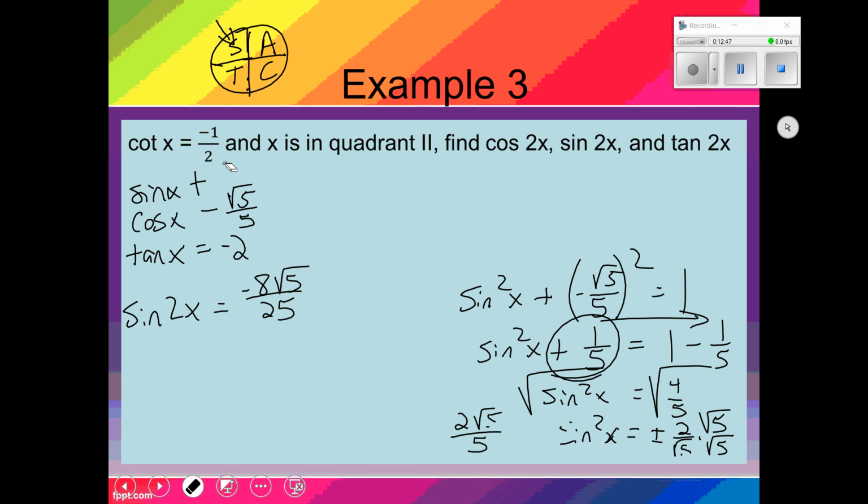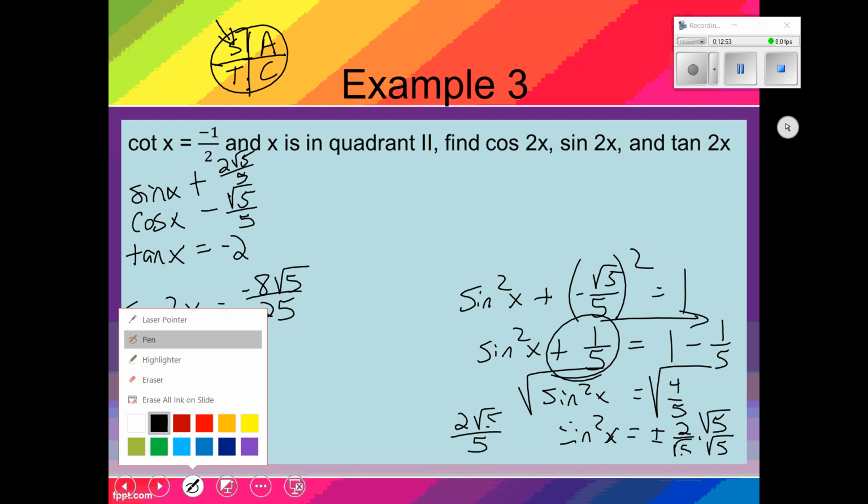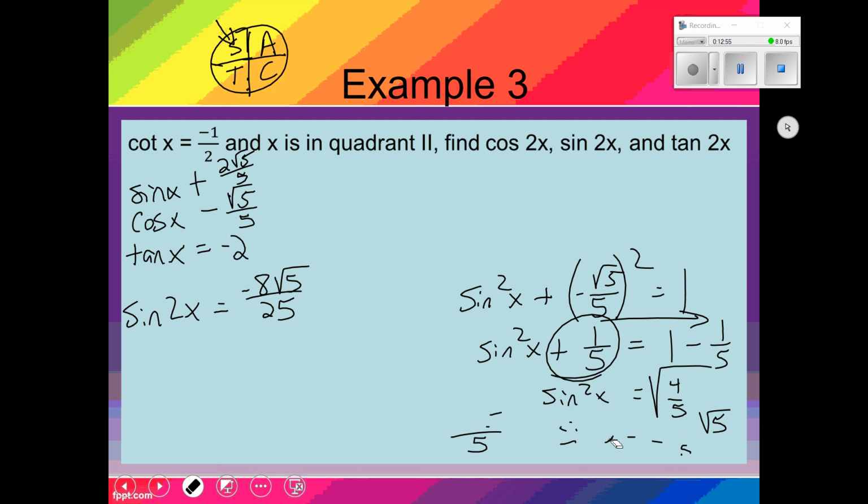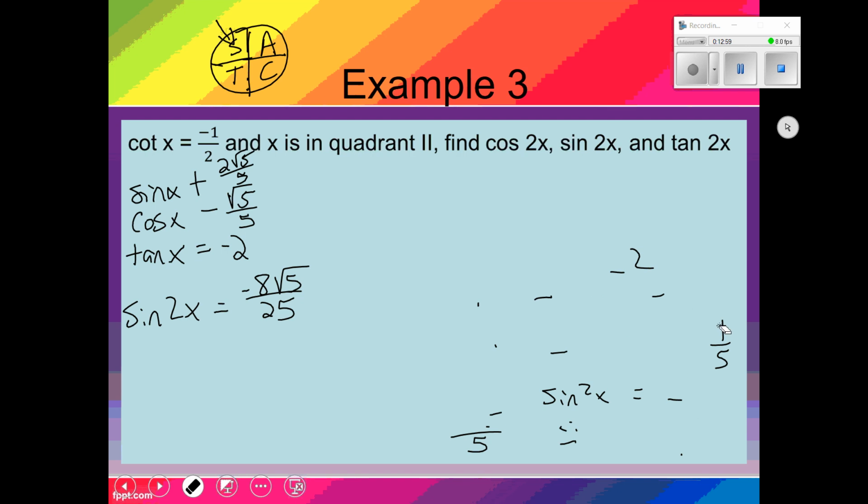Let me go back and redo. 2 square root of 5 over 5. Okay, let's go back real quick. Sorry, Miss Corns isn't perfect. Let's go back and find, so this isn't right. I knew that wasn't right.